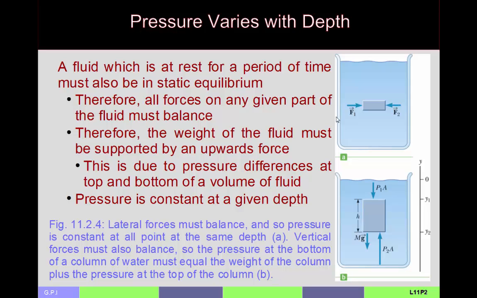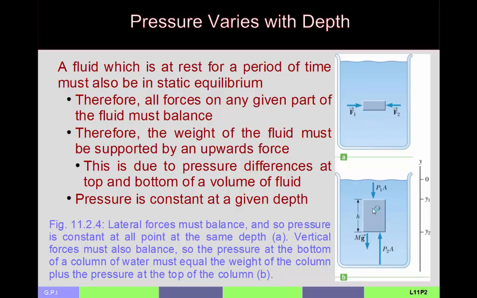And so, among other things, what that means is that the weight of a column of the fluid has to be balanced by having a greater amount of pressure acting upwards from the bottom than there is from the top acting downward. And so pressure differences is what allows a given bit of fluid to stay in one location. If the fluid's at equilibrium, then this bit of fluid has to stay here, this bit of fluid has to stay here.